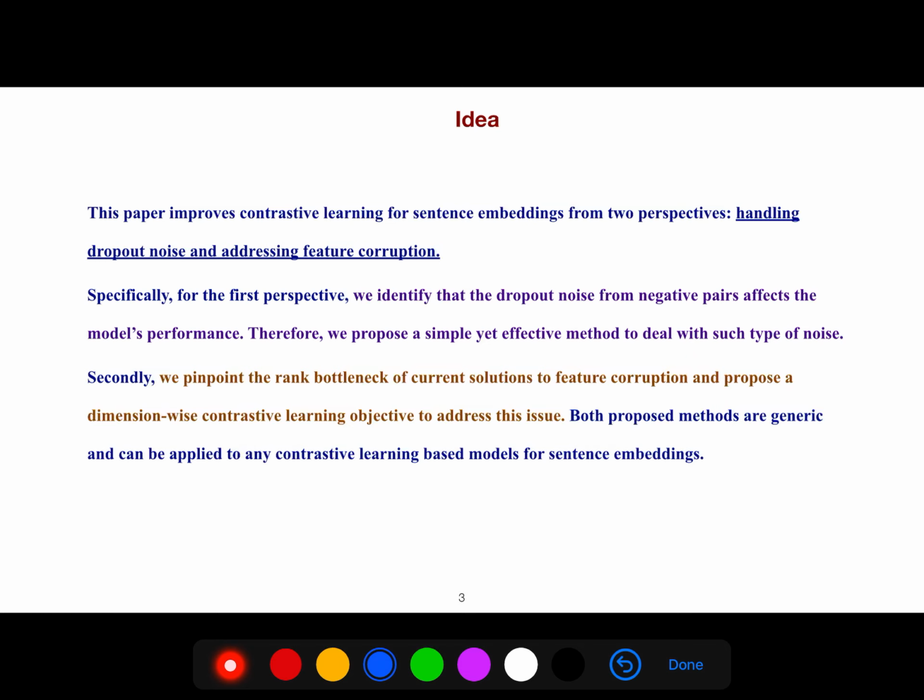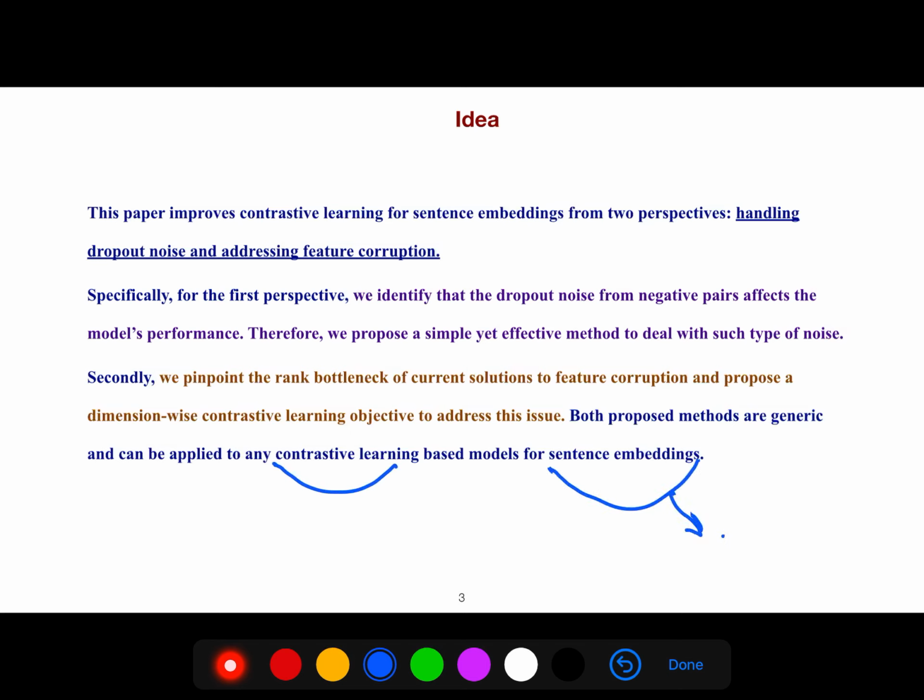Secondly, we pinpoint the rank bottleneck of current solutions to feature corruption and propose a dimension-wise contrastive learning objective to address this issue. Both proposed methods are generic and can be applied to any contrastive learning based models for sentence embedding.